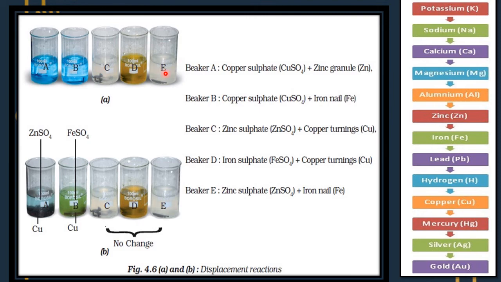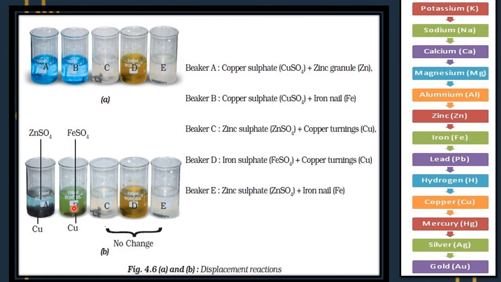So now let's try to understand what happens during this particular activity. Let's have a look at this picture, which shows the change taking place in the beakers after a few minutes or hours. In beaker A, instead of blue, it's colorless due to the formation of zinc sulfate, which is a colorless compound.